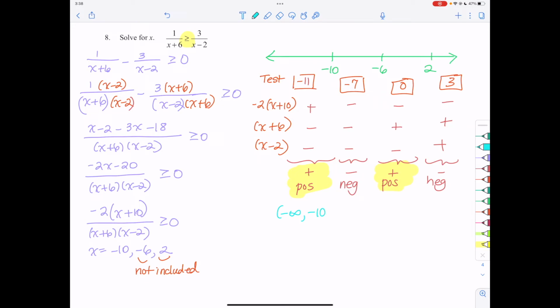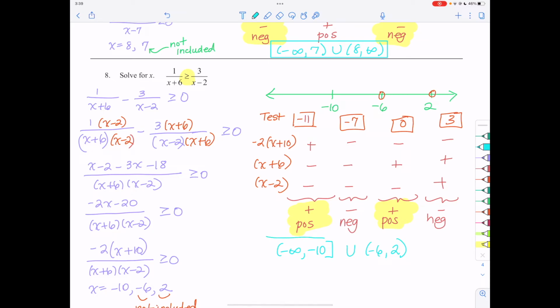And we do want to include that because it's greater than or equal to. And then union. And then again, we cannot include negative 6 or 2 in our solutions. So we will have negative 6 going all the way to 2. And yeah, I think that's it.